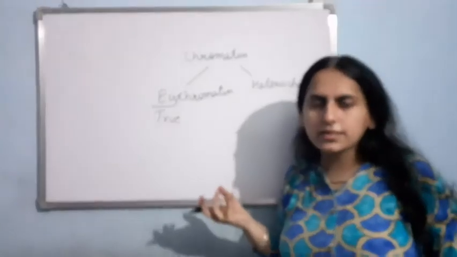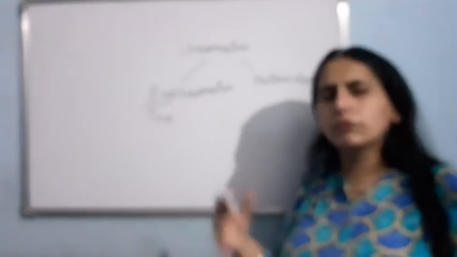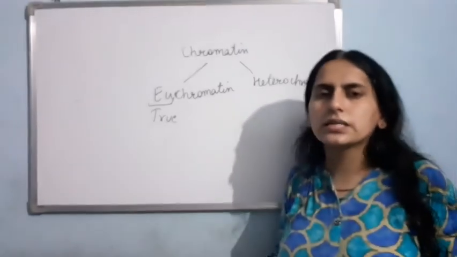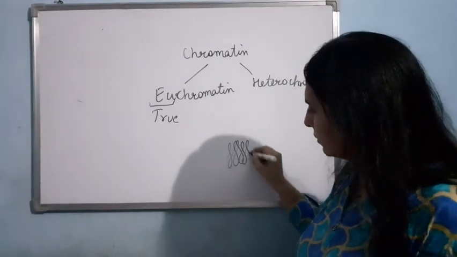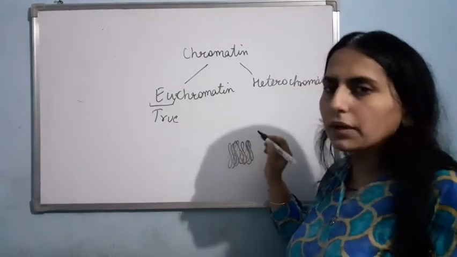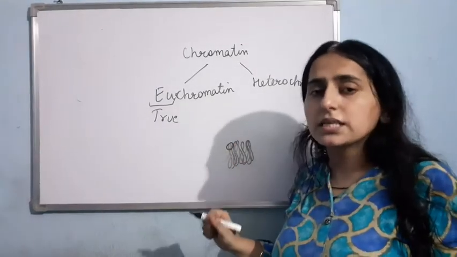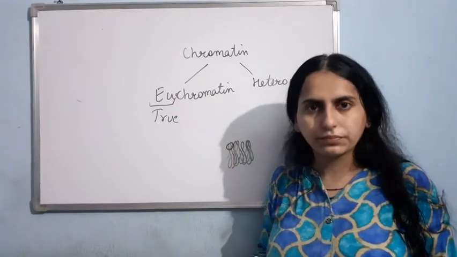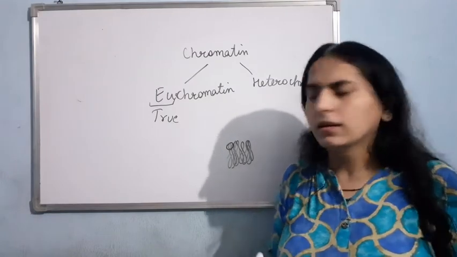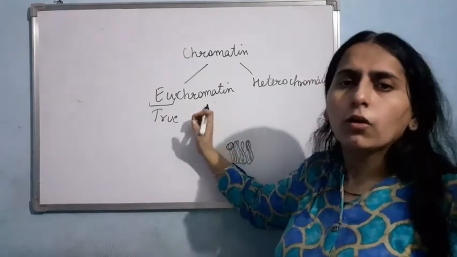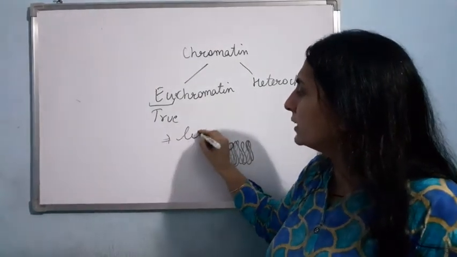So this chromatin is somewhat true. Basically, in the chromatin, some regions, when you stain them, get very lightly stained. Those regions are known as euchromatin because they are lightly stained.